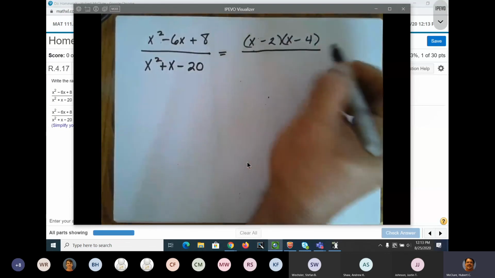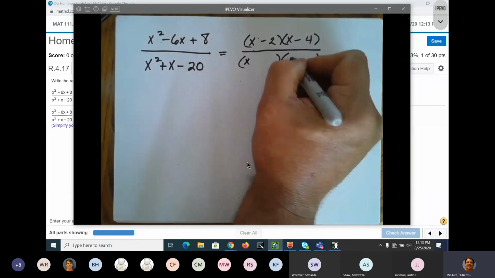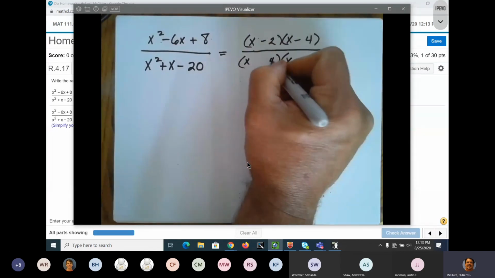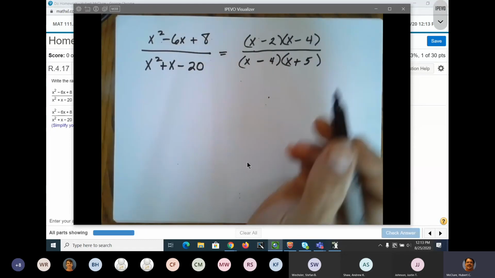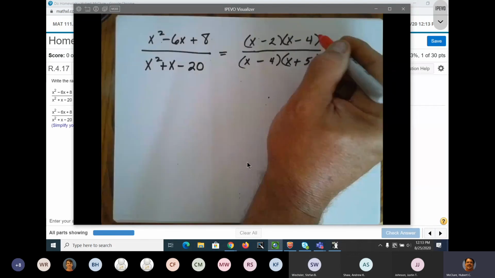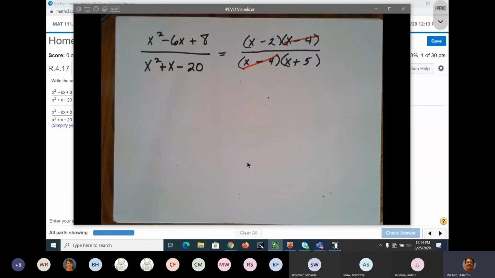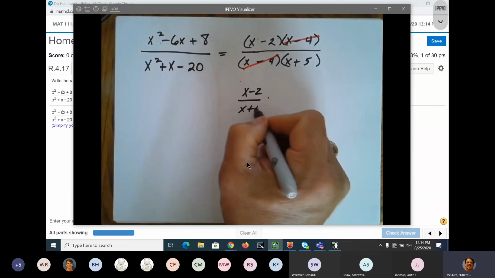For the bottom, x, x, 4 and 5, a +5 and a -4. And what happens to the x minus 4s? They cancel because of multiplication. The x minus 4s cancel, and you're left with x minus 2 over x plus 5.